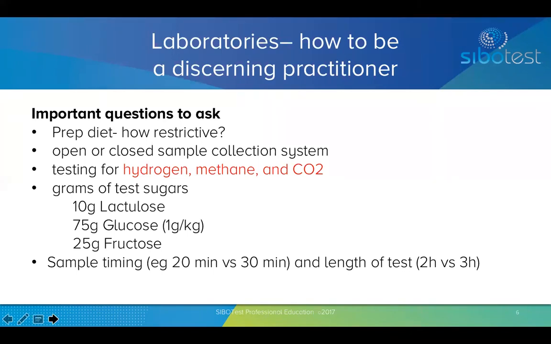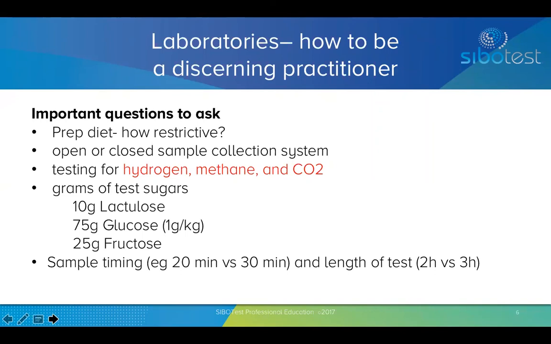The length of test, 2 hours versus 3 hours. This is what we find is important, is to demonstrate that after the substrate has cleared the small intestine, it arrives in the large intestine, because we do want to see some fermentation happening, and that gives us a better idea that that substrate has arrived in the colon.